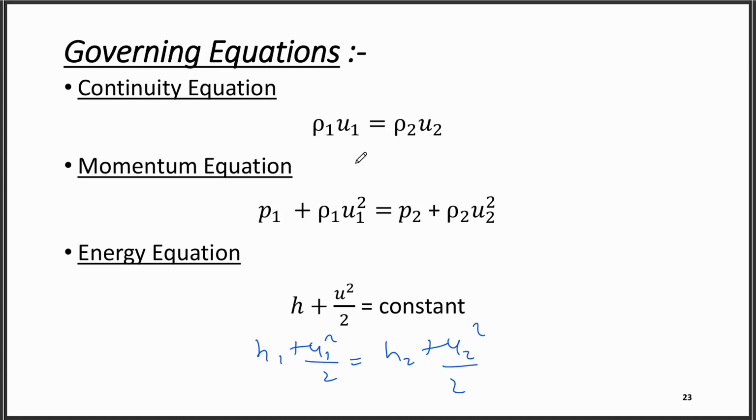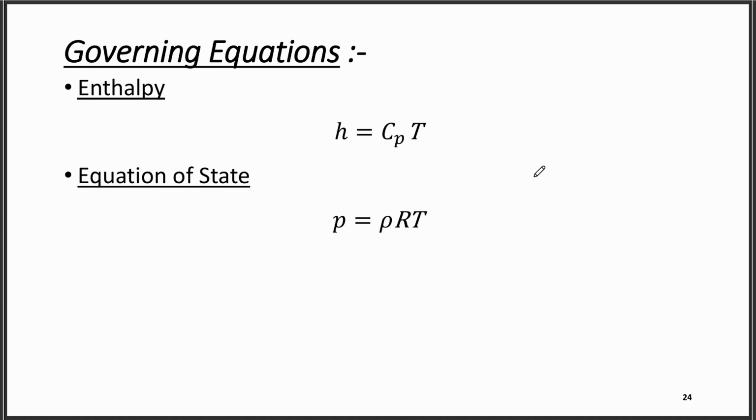Let's say we know the condition at state 1. What are the unknowns? ρ2, U2, P2, h2. Now we have 3 equations and 4 unknowns, so we need more equations. We use the equation for enthalpy, h equals Cp T, so h2 equals Cp T2 and h1 equals Cp T1.